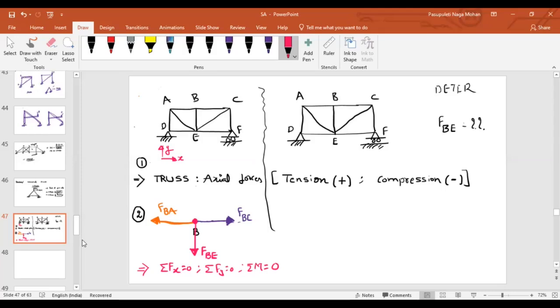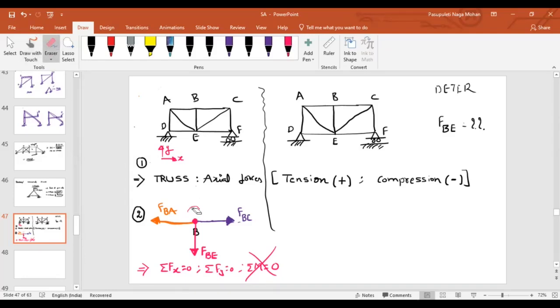But as you can see, these members are connected at the joint. As three members are passing through the point B, moments will not generate, so there is no point of using this equation. That's why we can cancel it. Not only here, unless there is an external moment acting, it should not be considered.